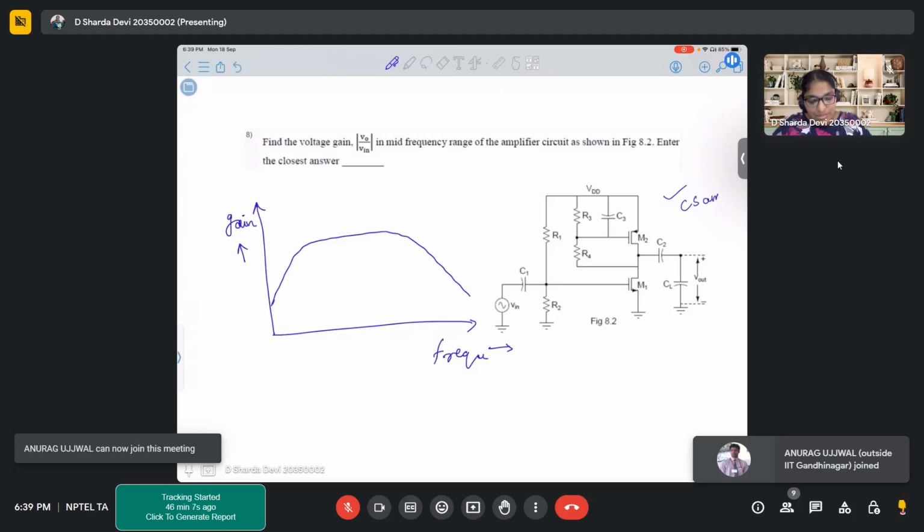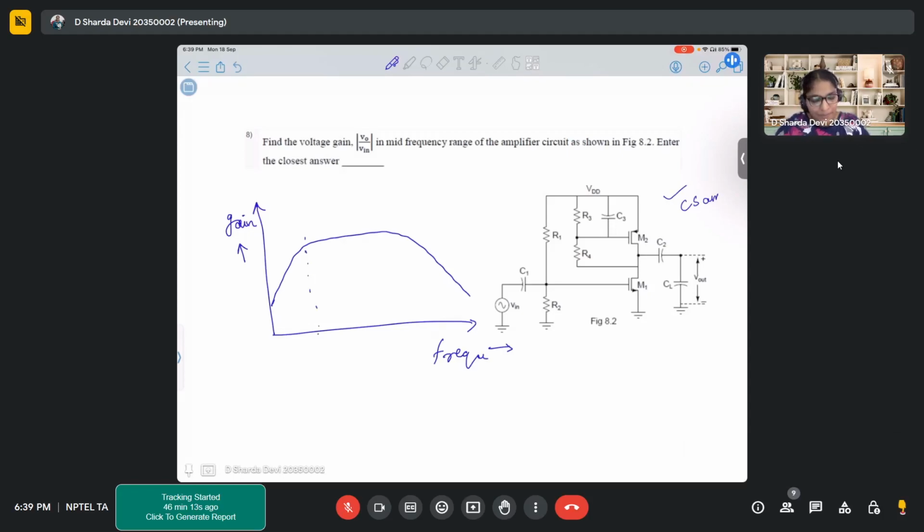In this, you can see that for very low frequencies your gain is dropping, and for very high frequencies your gain also starts to reduce. There is a certain range of frequency for which your gain stays constant, and that frequency range is what is known as the mid-frequency range.